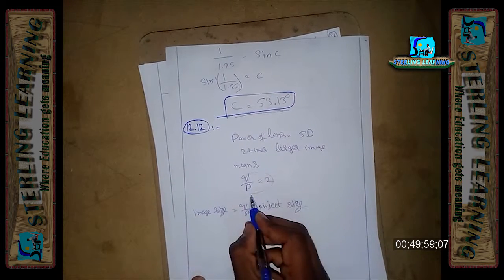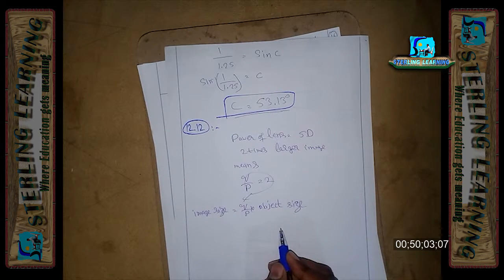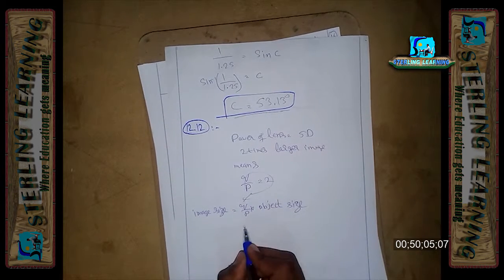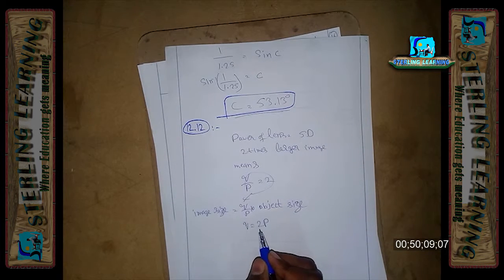If Q over P is 2, then it would be doubled. So Q is equal to 2P. Q is double.